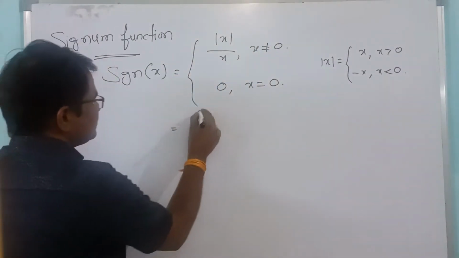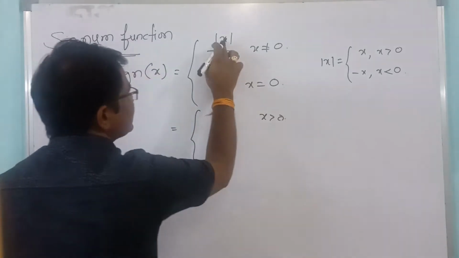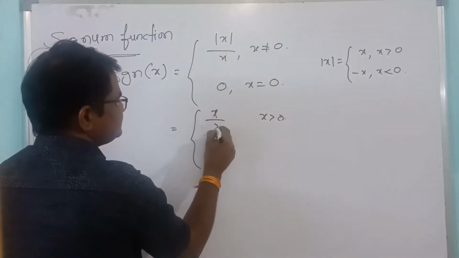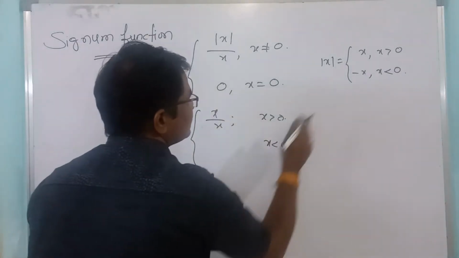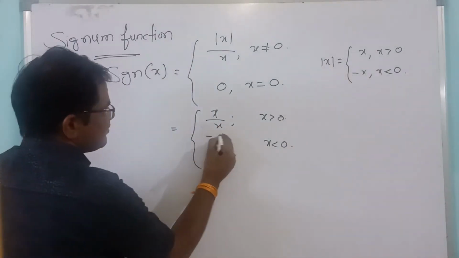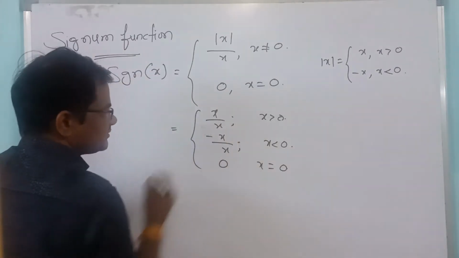That is equal to x by x for x greater than 0. Next, for x less than 0, mod x is minus x, so it is minus x by x. For x equal to 0, it is 0.